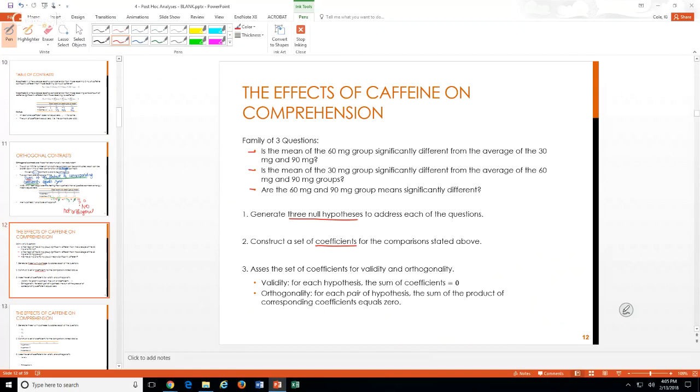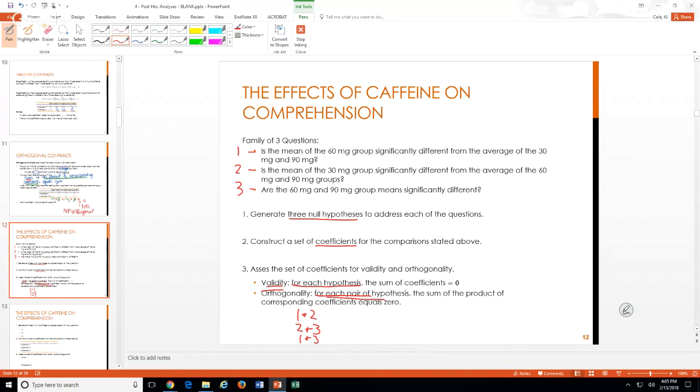And then for each of them, determine if they're valid. And for each pair of hypotheses, so 1 and 2, 2 and 3, and 1 and 3, determine if they are orthogonal.